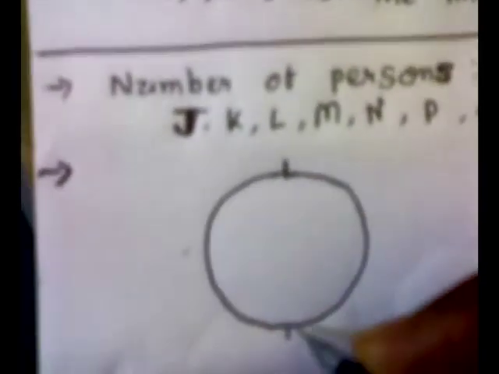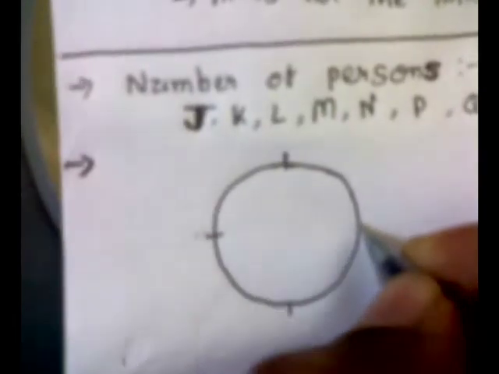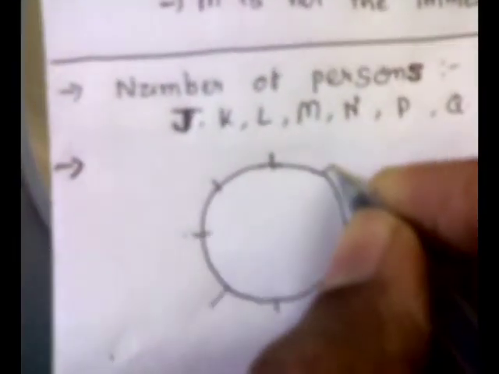It means that the number of persons is 8. Now in the second step we will divide a circle into 8 equal parts. 1, 2, 3, 4, 5, 6, 7 and 8.